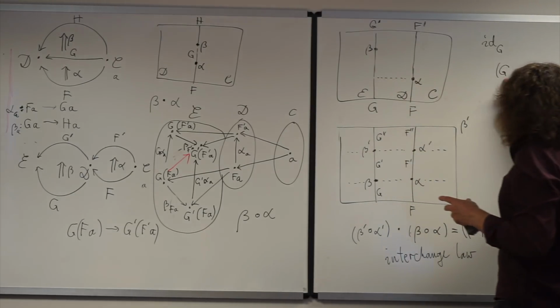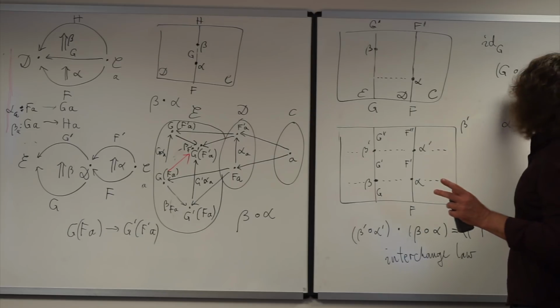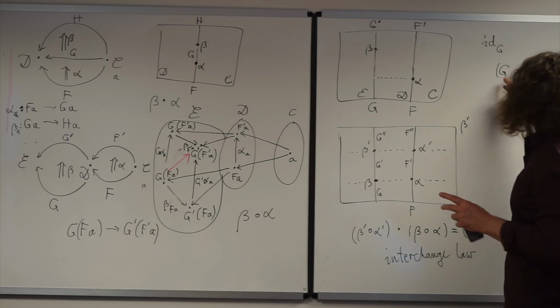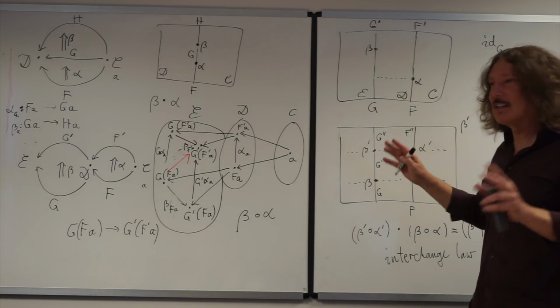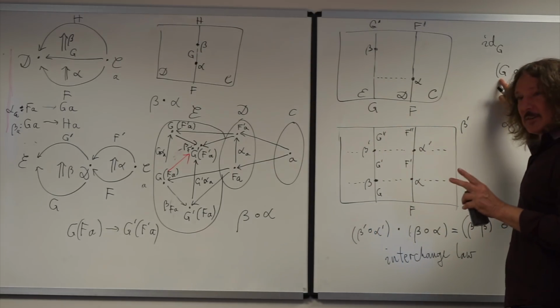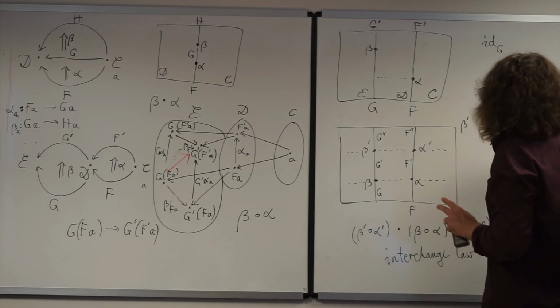So when you see something like this, where one of them is a natural transformation but the other is a functor, how can you compose a functor with a natural transformation? The only way to understand this notation is that this is really representing an identity natural transformation on G. So there's no ambiguity.